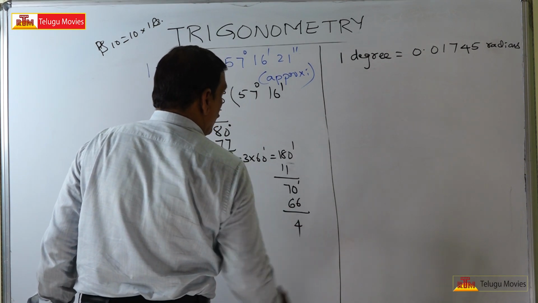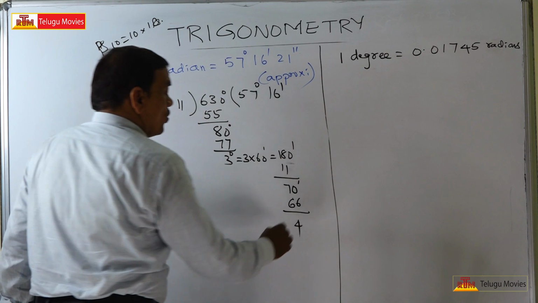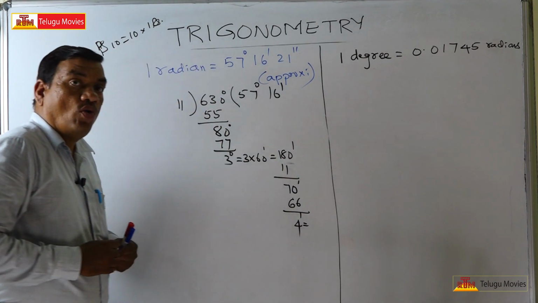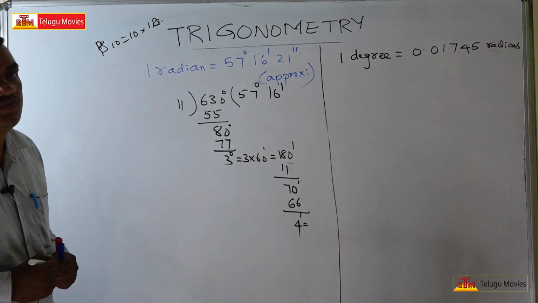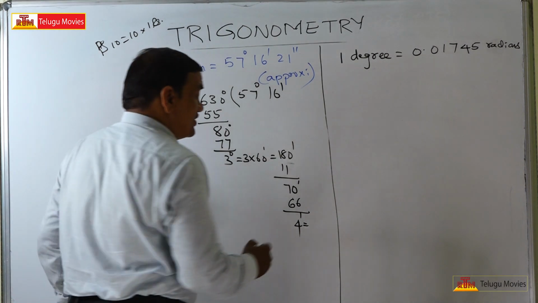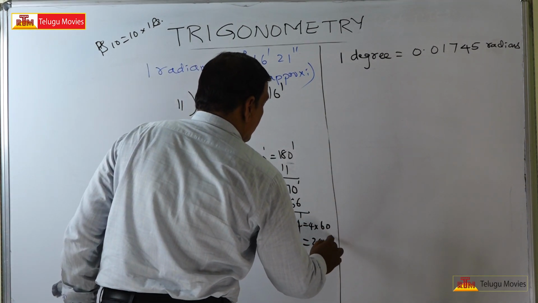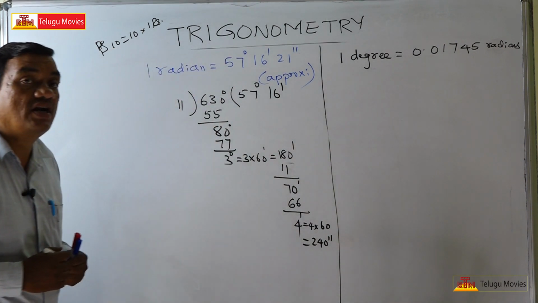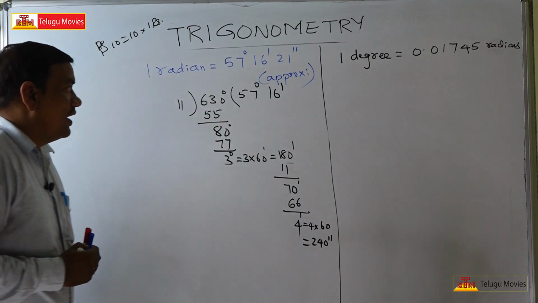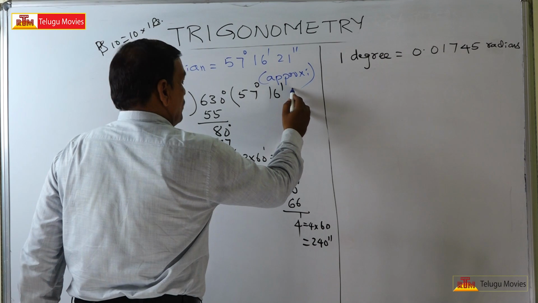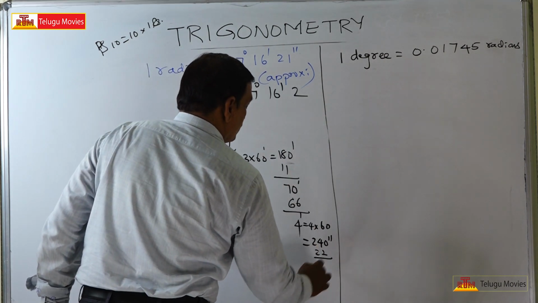Again it will leave 4 minutes. 4 minutes means 4 into 60, 4 sixes are 24, that is 240 seconds.